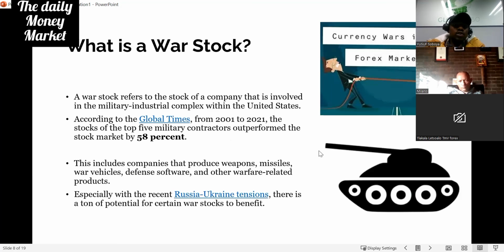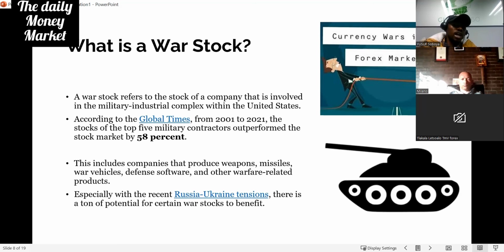So war stocks refers to the stock of a company that is involved in the military industrial complex within the United States. According to the Global Times, from 2001 to 2021, the stocks of the top 5 military contractors outperformed the stock market by 58%.